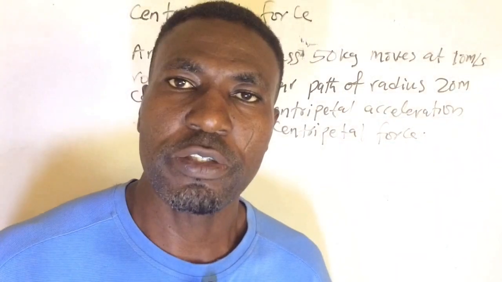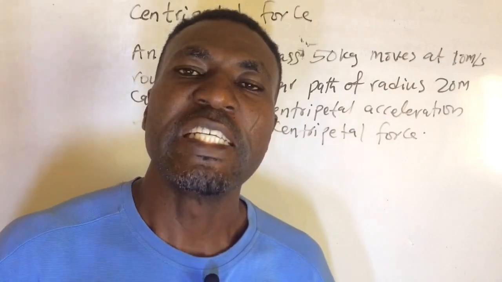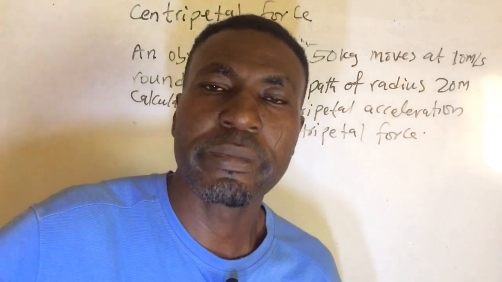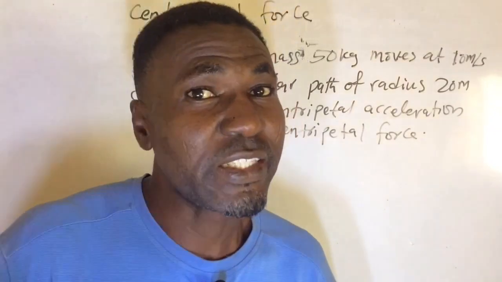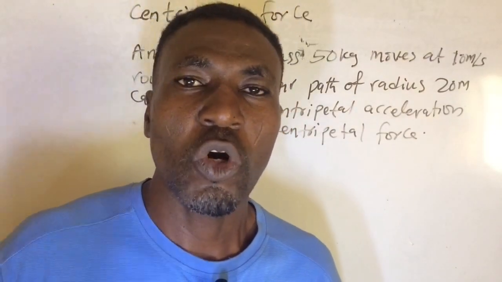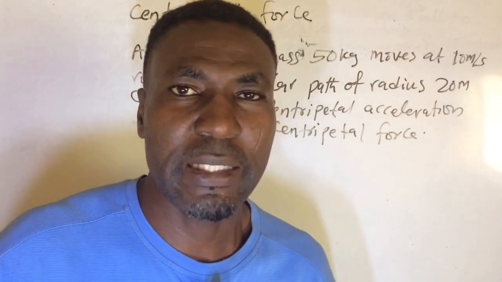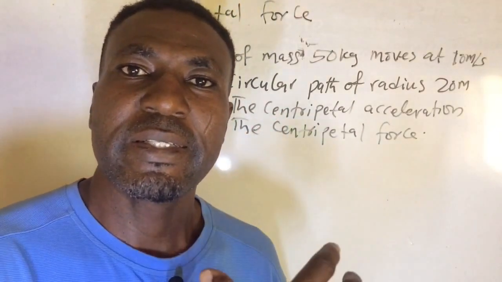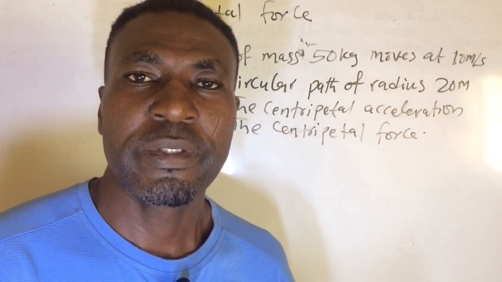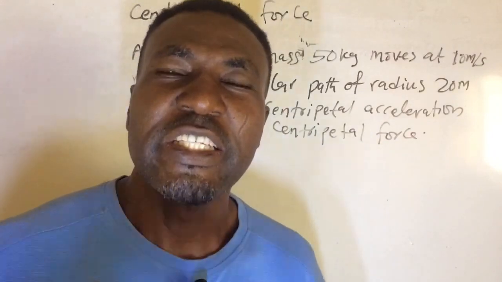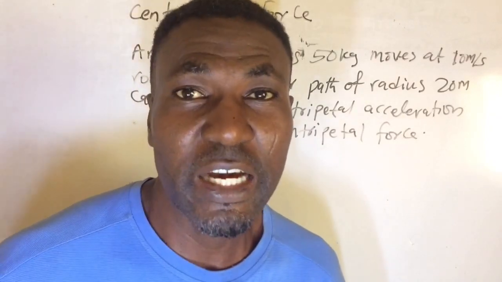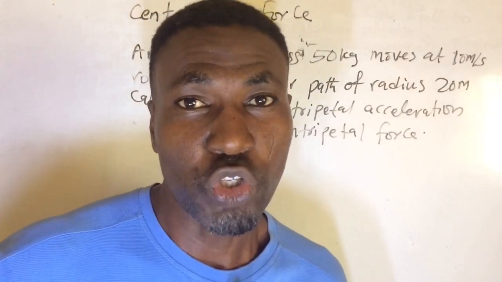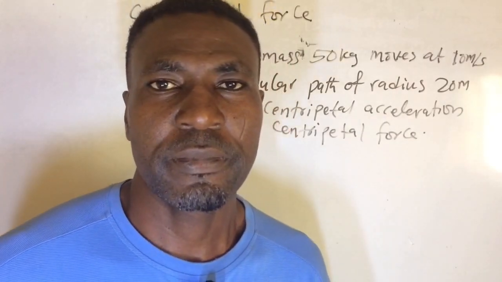In a circular motion, it is all about an object going round, not in a straight path or a linear path. And this circular motion calculation is different from a linear motion calculation or straight line motion calculation.